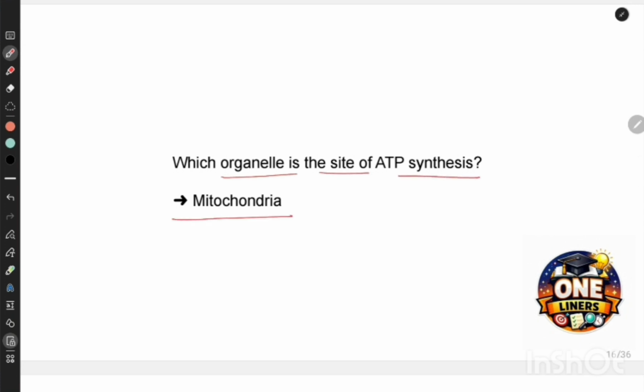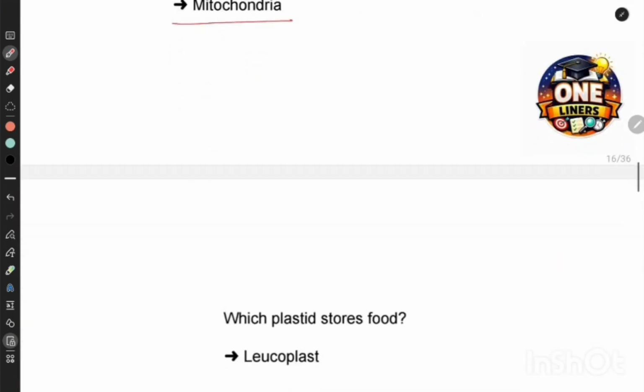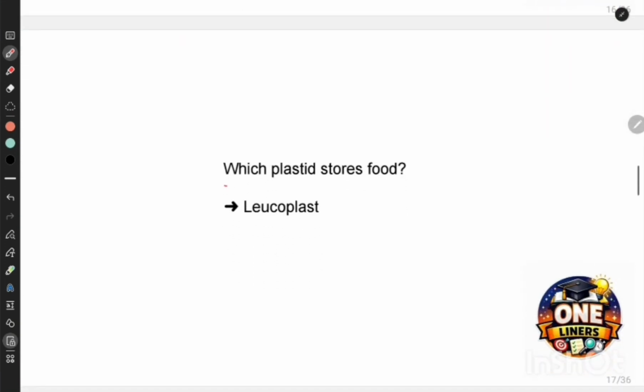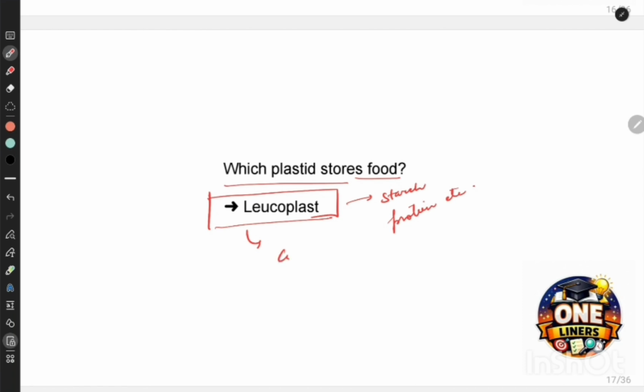So mitochondria. Next one, which plastid stores food? So leucoplast stores food. Okay, like starch, protein, etc. So leucoplasts are colorless plastids and they store food.